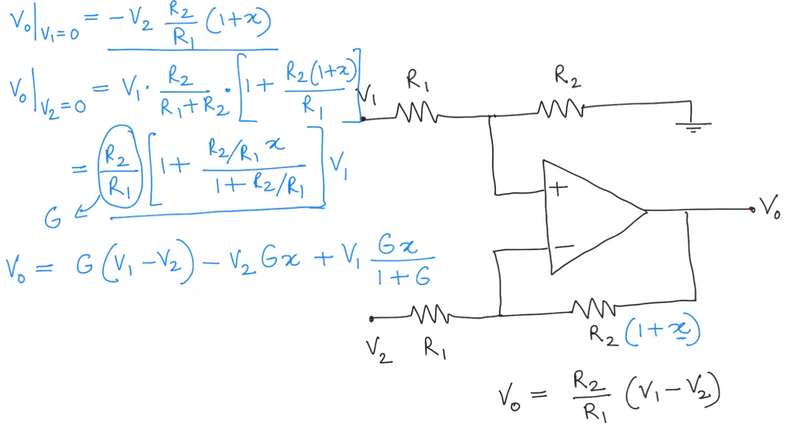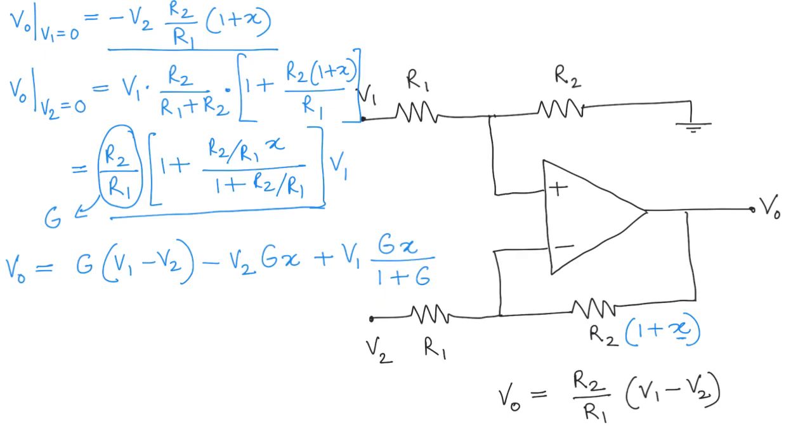We are not just getting an amplified version of the difference between V1 and V2, but we are getting some extra terms here, which we would not like. Similarly, you can see what happens when R1 changes by a certain factor. The output no longer remains just an amplified version of V1 minus V2, but it's got these distorting terms.